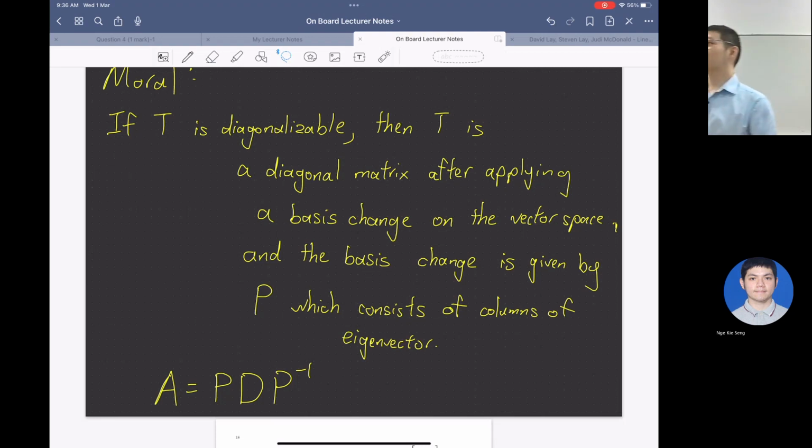Maybe you don't see it immediately, but keep doing exercises and you'll see it. This is your first time hearing it. Any question about this part? This is another thing you need to know today. If you change your vector space into the eigenvector basis, then the linear transformation will act like a diagonal matrix. That's what we want to do for this part.